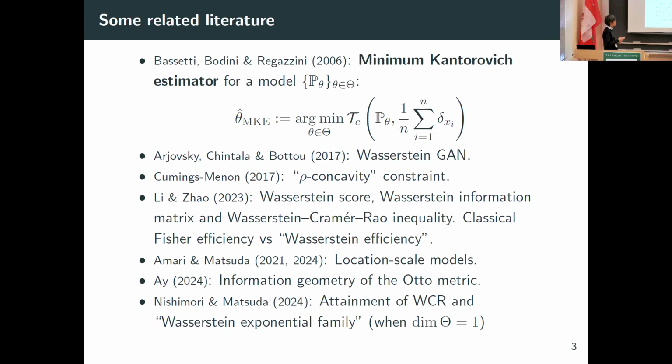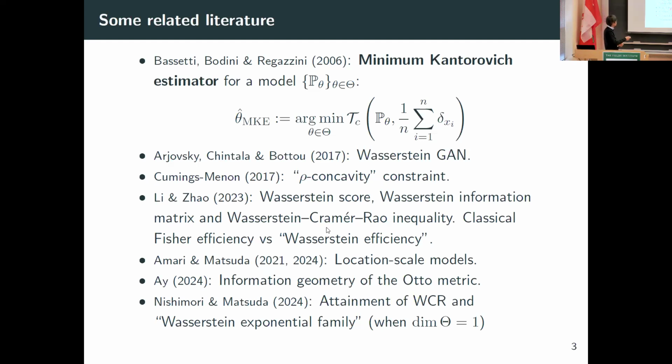And one thing they did is that you can actually generalize the Cramér-Rao inequality to what they call the Wasserstein-Cramér-Rao inequality. By an application of the Cauchy-Schwarz inequality, you can get a certain notion of Wasserstein variance, which is at least as large as the inverse of the Wasserstein information matrix. And this leads to an ongoing question about what is the difference between classical Fisher efficiency versus the Wasserstein efficiency.